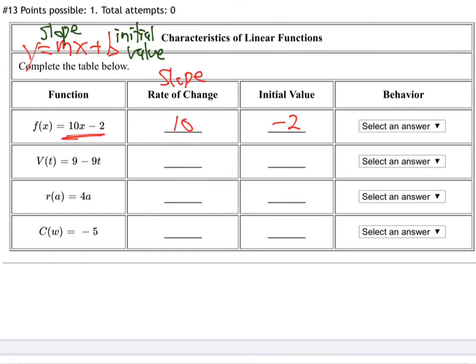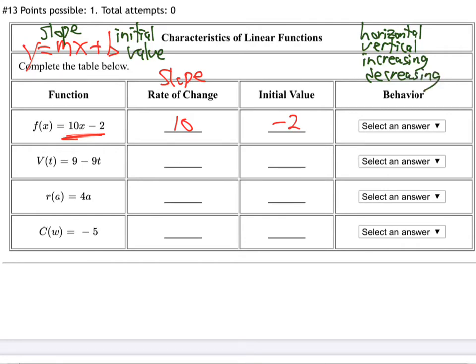All right. Now, their last question over here is asking, is this graph horizontal, vertical? I already forgot. What was it? Oh, increasing or decreasing. Horizontal, vertical, increasing or decreasing.